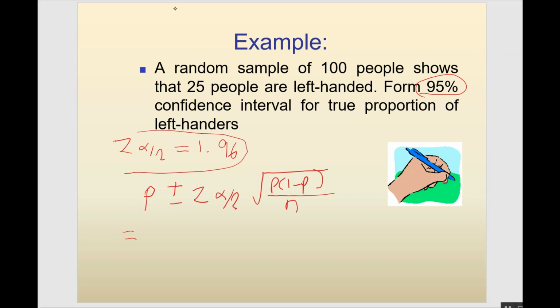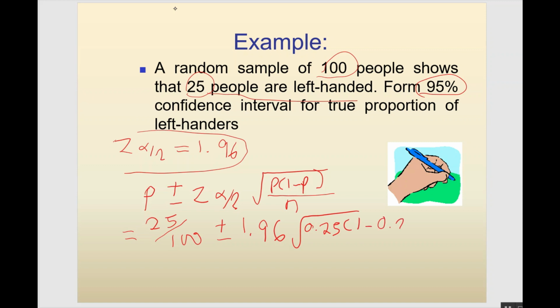A random sample of 100 people, the total is 100, and the desired proportion is left-handed, 25. So we have 25 left-handed over 100, plus minus the Z value of 1.96, and then we plug in the proportion of 0.25 here, 1 minus 0.25, and divided by n. How many is n? 100.